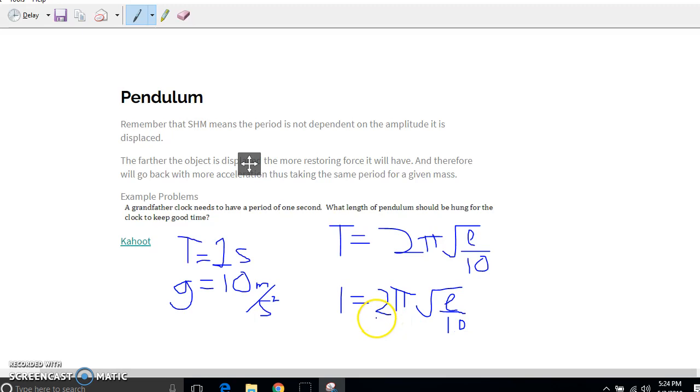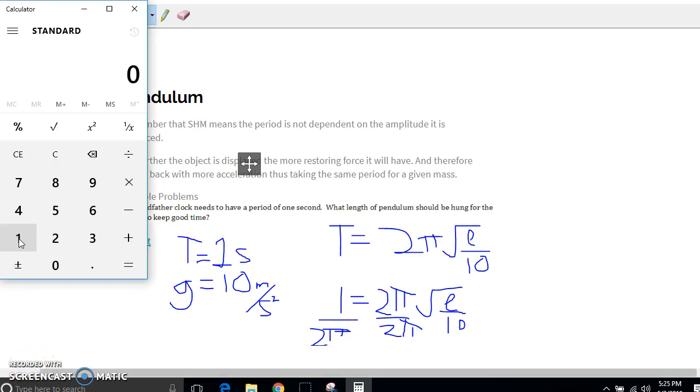Okay, so I'm going to divide by 2 pi. You need to be careful with plugging in 2 pi and dividing by 2 pi. When I plug it in, make sure you put 2 pi together in quotes, because sometimes your calculator is not going to read that clearly.